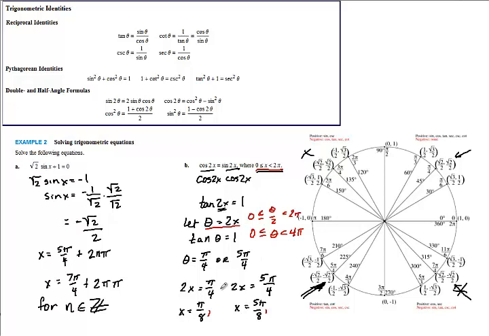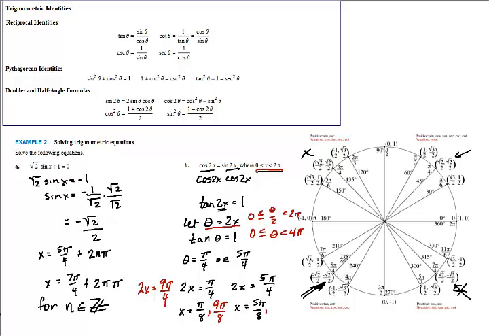This pi over 4 here, going that other round, plus 2 pi would be, 2x equals, add 8 pi over 4, so that would be 9 pi over 4. Solving that, I would get 9 pi over 8.